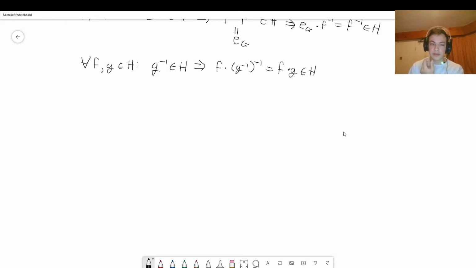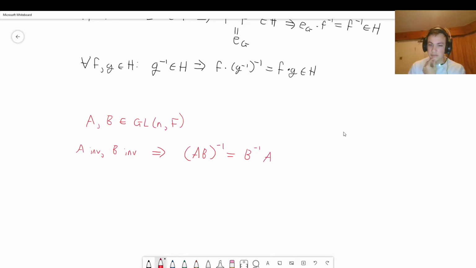So first of all, if we take matrices A, B in the general linear group GL_n(F), well, A invertible, B invertible, therefore we have that (AB)^-1 is just B^-1 A^-1. So we have a closed operation, so that's the first one.